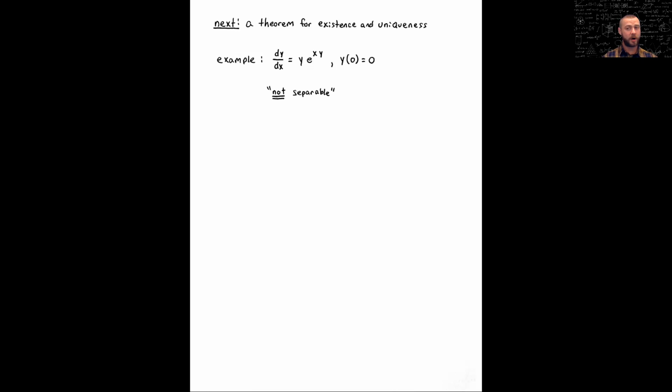Now, if needed, pause and try to think of a very, very deceptively simple function, y equals something, that satisfies both the differential equation and the initial condition. We'll check in a few seconds.